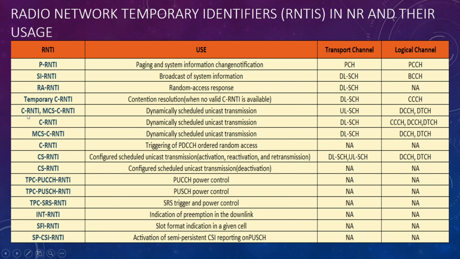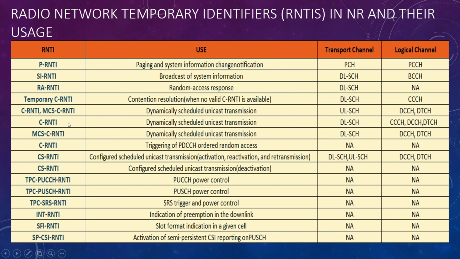If you come to C-RNTI and MCS C-RNTI, this is used for dynamically scheduled unicast transmission. The transport channel that is used by it is UL SCH, and the logical channels that are used are DCCH and DTCH.